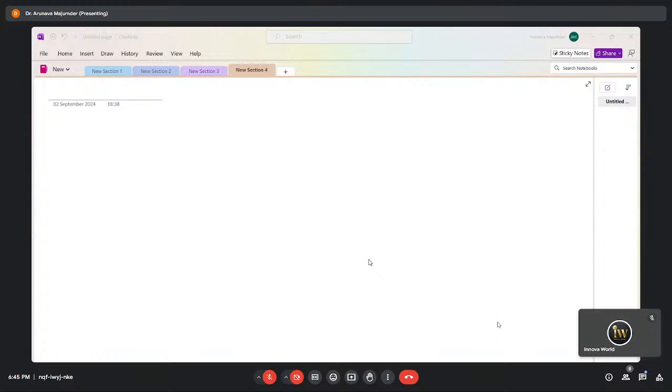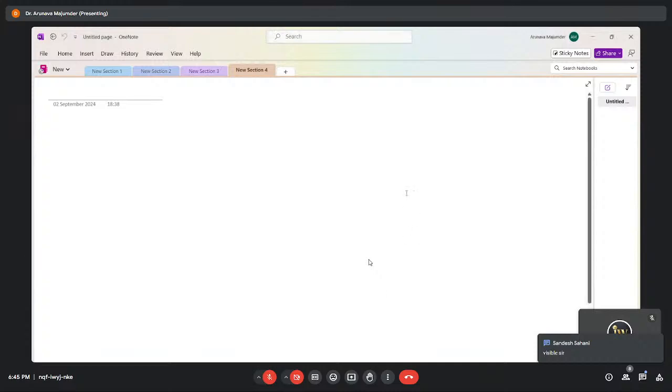You can write in the chat box, or you can unmute yourself and confirm whether the screen is visible. Okay, visible. So let me start with the analysis first.